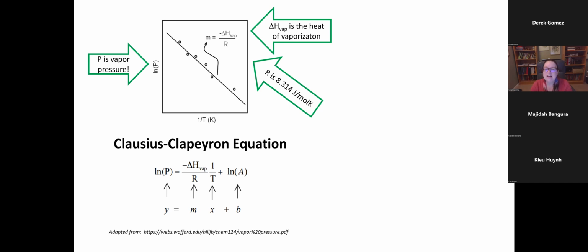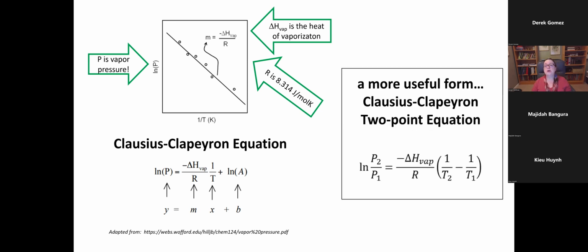So usually it's more helpful to have a slightly different form of this equation, because usually we only know 1 or 2 points on this line. A more useful form is the one written over here. It's called the 2-point version because it requires you to know two data points.